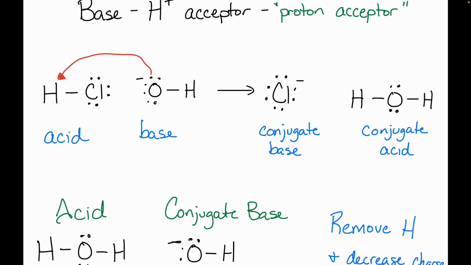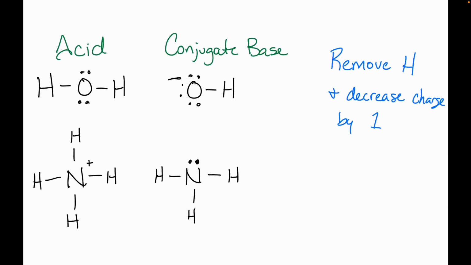So that's my new bond. And then I'm going to break that oxygen-chlorine bond. Okay, so importantly, this pair of electrons that used to be in my hydrogen bond in my acid is now a lone pair on my conjugate base. And that's what we see over here as well, right?